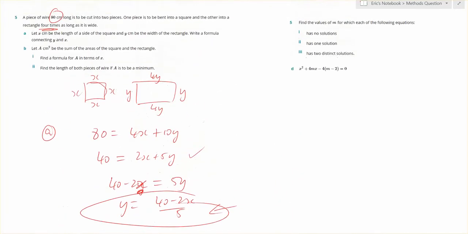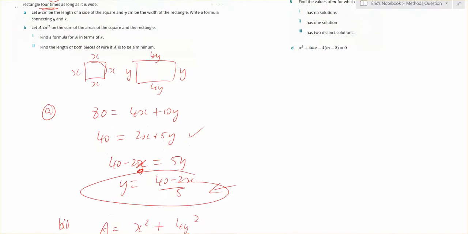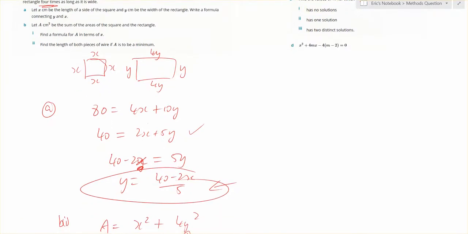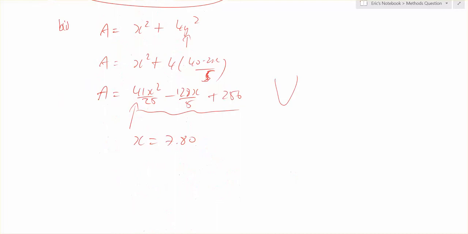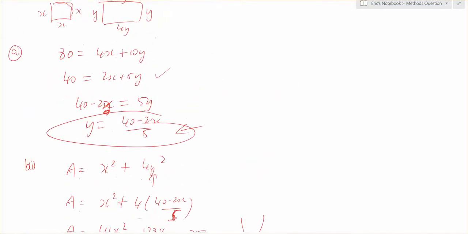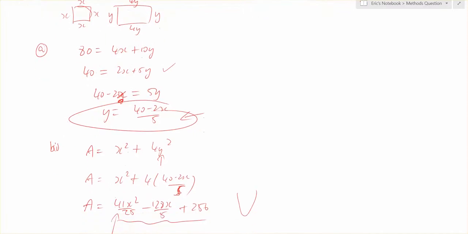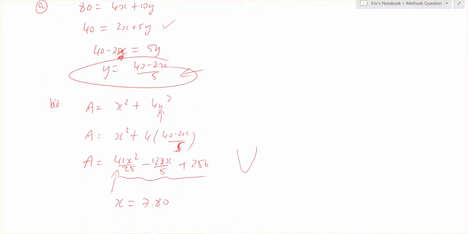Now, we have to relate back to the question. Find the length of both pieces if A is to be a minimum. So, for A to be a minimum, we need to sub this in to what each original piece was. So, for the square, we know it's 4x.